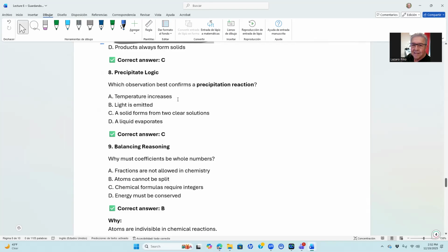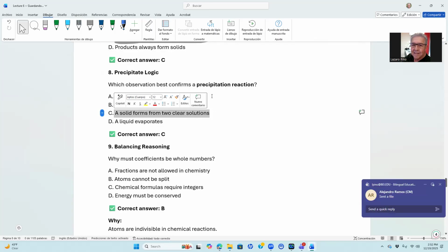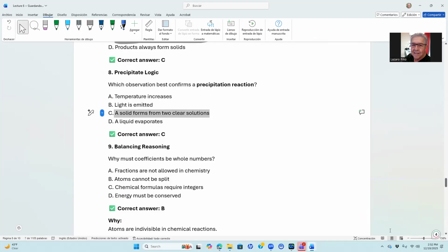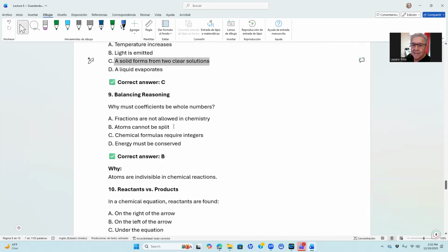Temperature increases? No, I don't think so. Light is emitted? I don't think so. A solid forms? Yes. If a solid is formed, you are in front of a precipitation reaction. Why must coefficients be whole numbers?